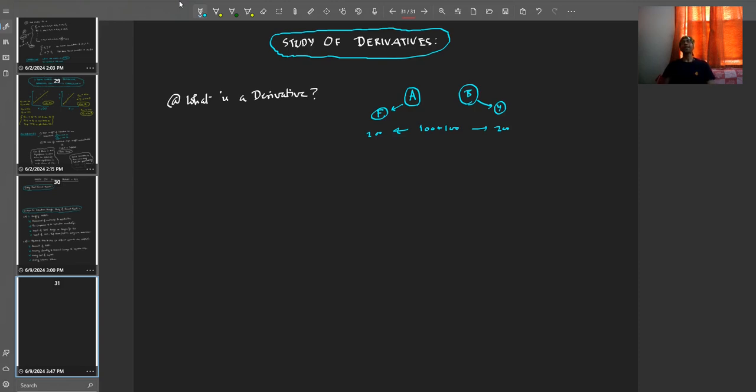Here the underlying is the performance of the teams or whichever team wins. So, underlying here is winning, right? Either team A wins or team B wins. Whichever team wins, the person on that side basically gets the entire amount.